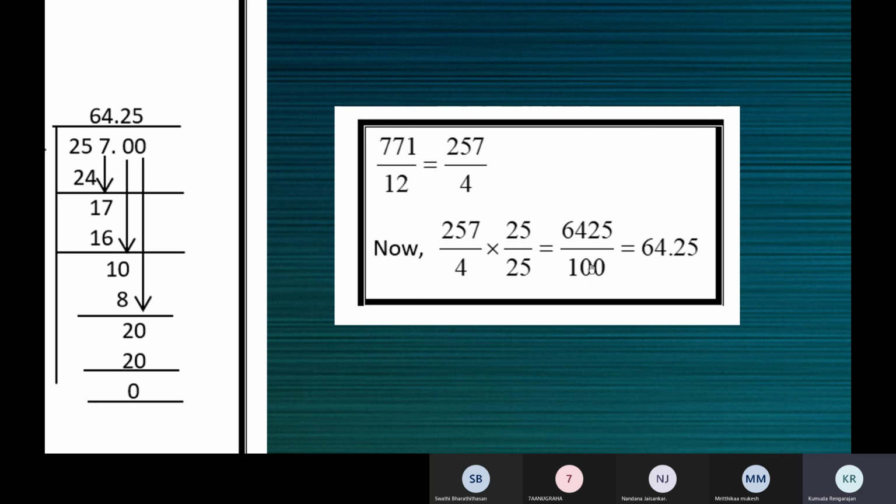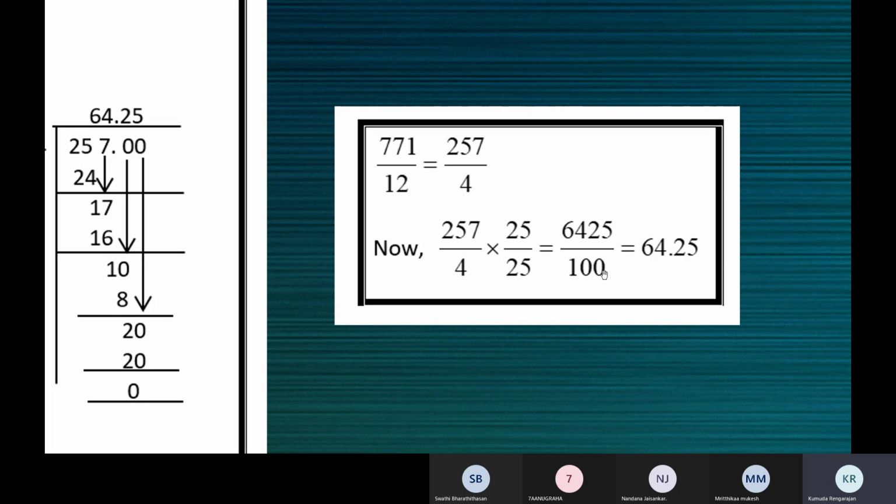You wish to bring the denominator to 100. Now 257 into 25 is 6,425, and 4 into 25 is 100. That's how we multiply fractions: multiply the numerators, multiply the denominators. No LCM here. LCM is only for addition and subtraction.